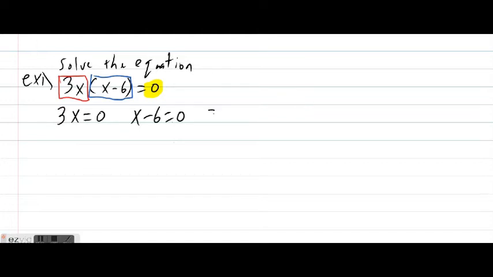They call this thing the zero product property. Okay, zero product property. And now you're going to solve each one of these for x, just like you'd have done way back.